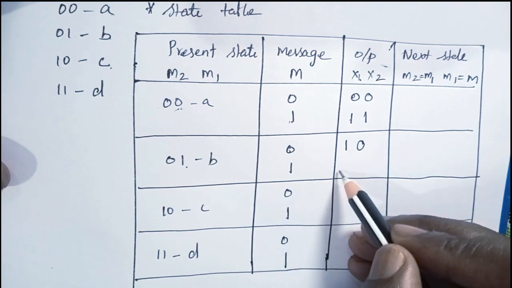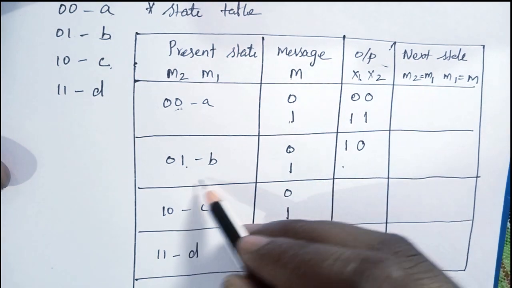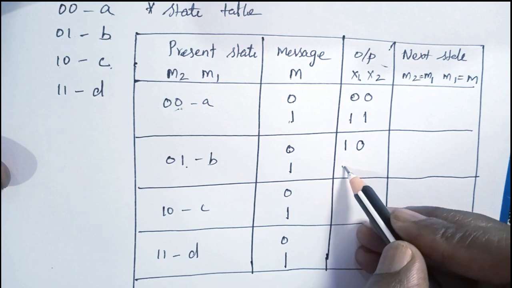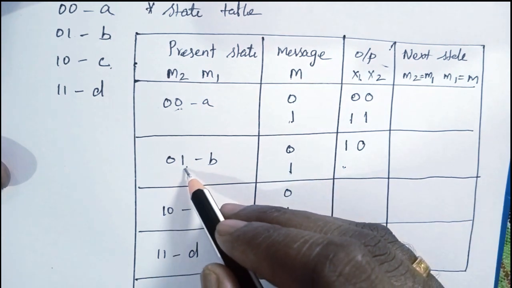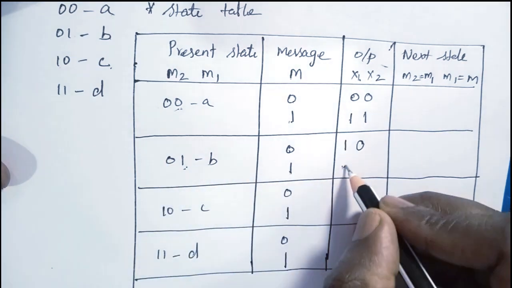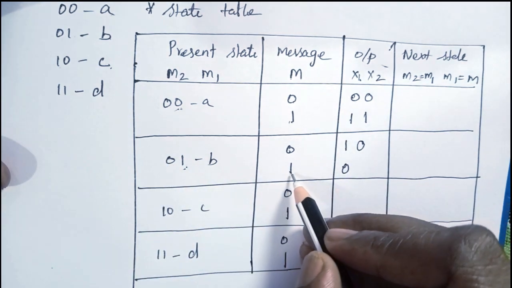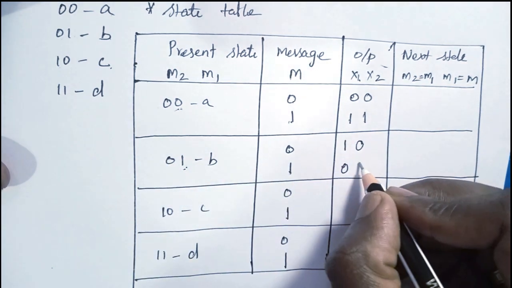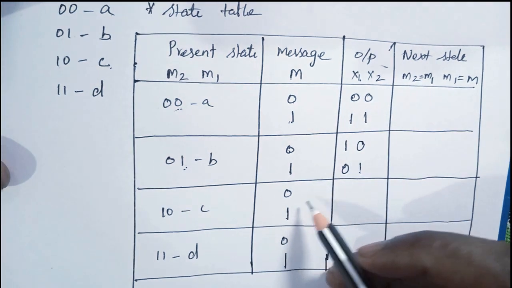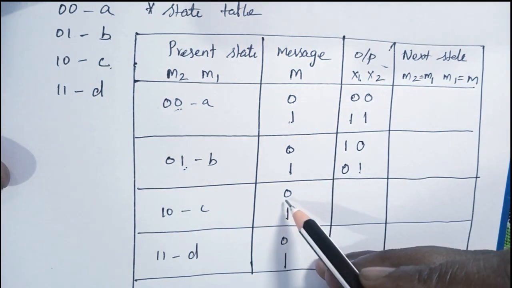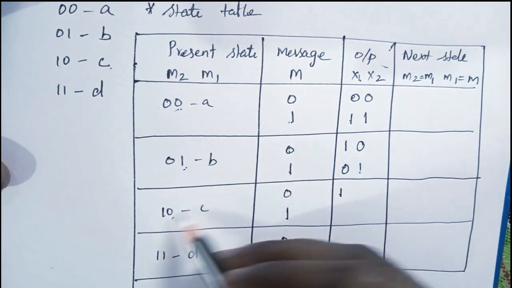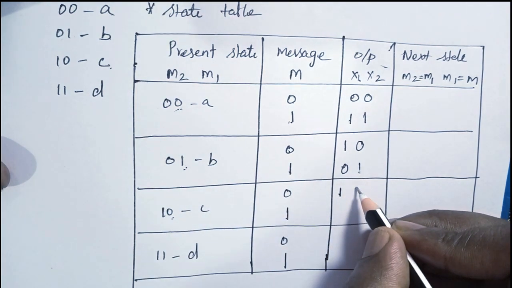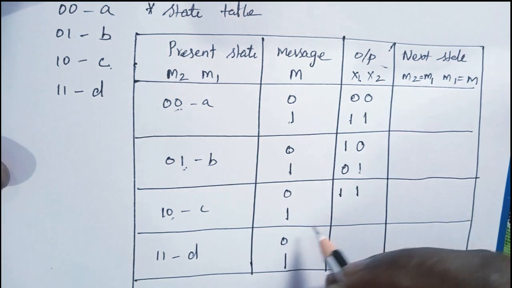Fine. So what is the output if the input bit is 1 in state B? Okay, so it is 1 XOR 1 is 1 and 1 XOR 1 is 0 and 0 XOR 0 is again 0. Then x2 is 1 XOR 0, that is equal to 1. Okay, so here it's 0 XOR 0 is 0, 0 XOR 1 is 1. Okay, x2 is 0 XOR 1 is nothing but 1.